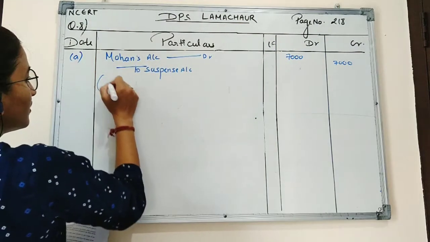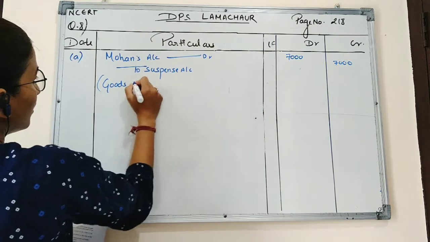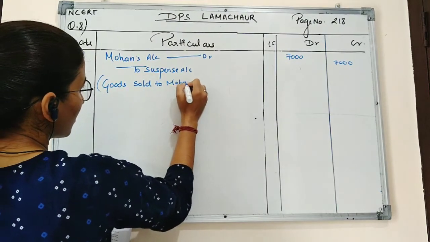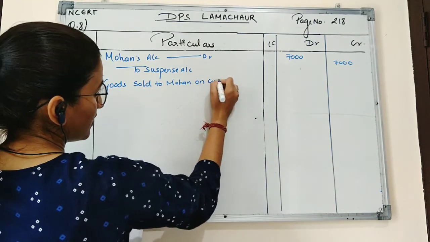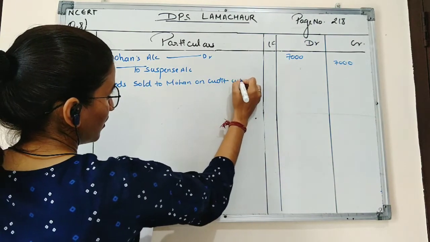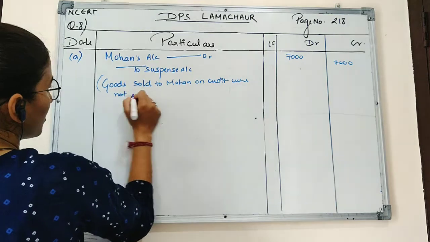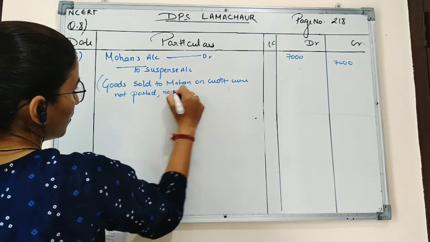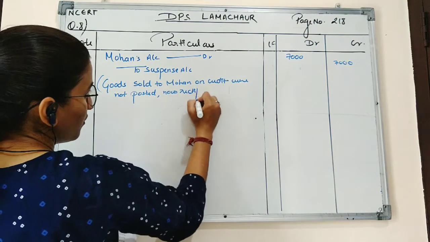Narration will be goods sold to Mohan on credit were not posted, now rectified.